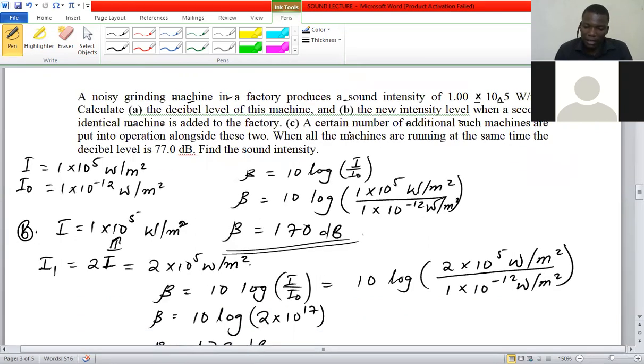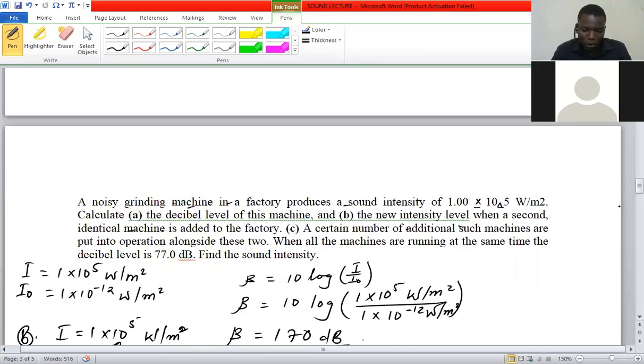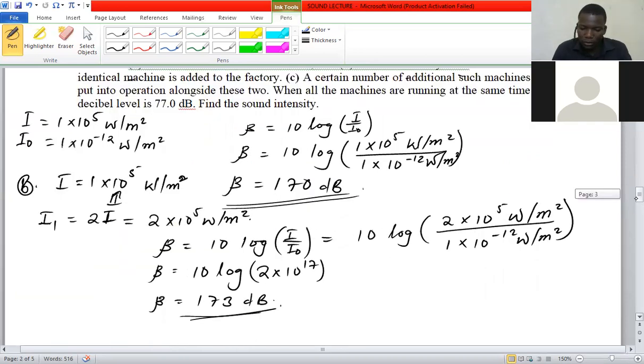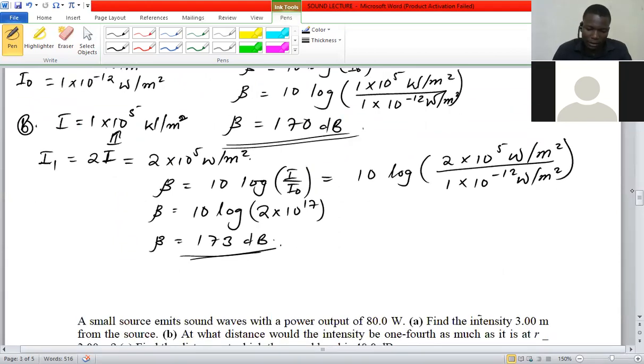Now we have a certain number of additional such machines put into operation alongside these two. When all the machines are running at the same time, the decibel level is 77.0 decibel. Find the sound intensity.